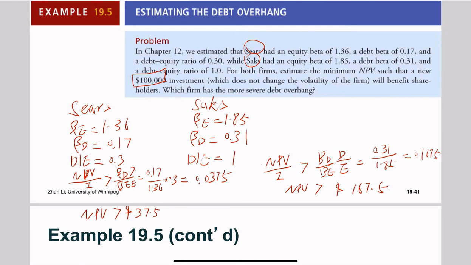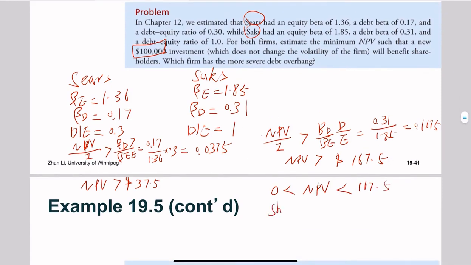So in this case, investment is inefficient. That is, if NPV is positive, however, it's smaller than this number, then shareholders won't make the investment or finance this project.